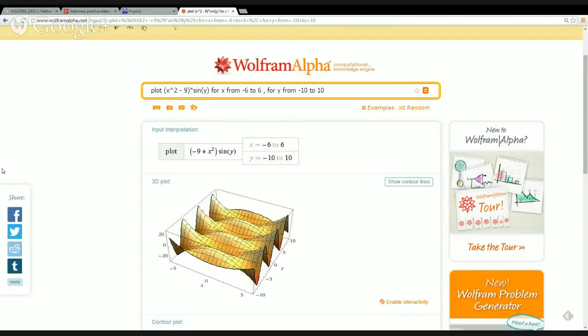The d2f dy squared is going to be minus x squared minus 9 sine of y. It's not too bad. And the mixed second order partial derivative is going to be 2x cosine of y. So that's your D.